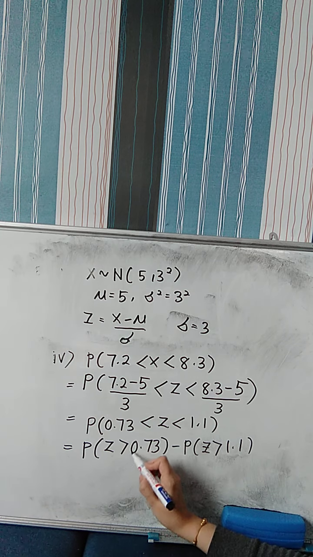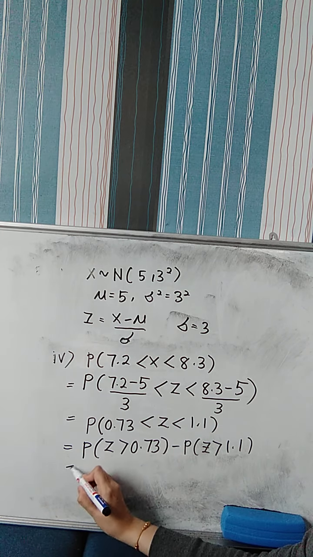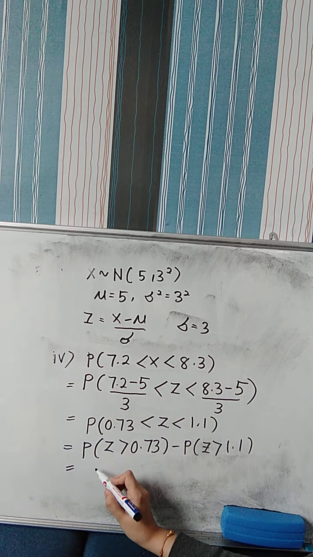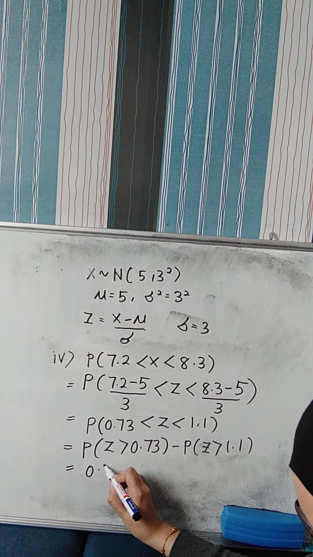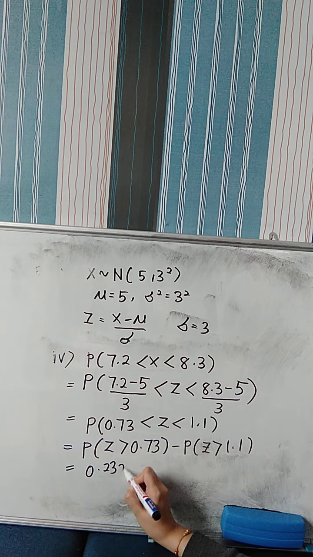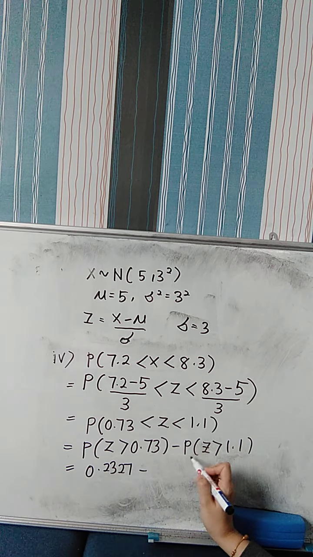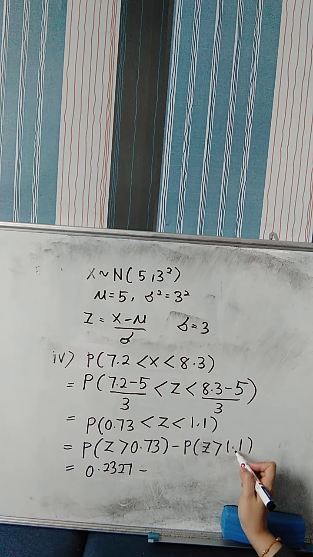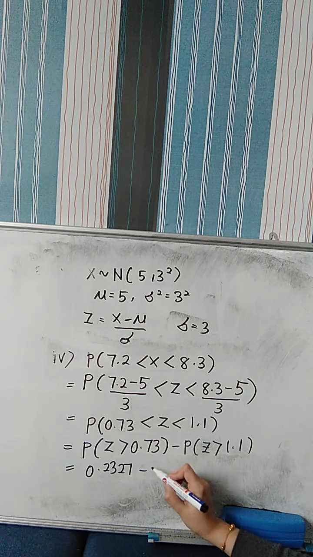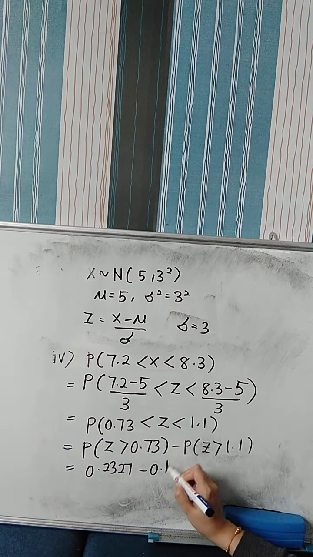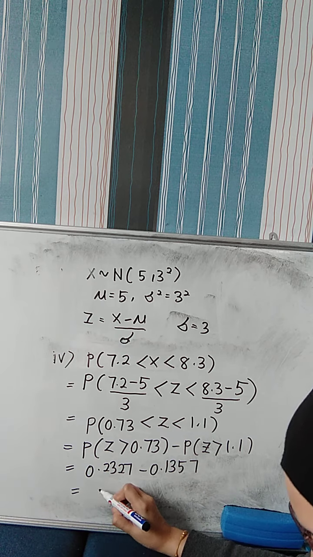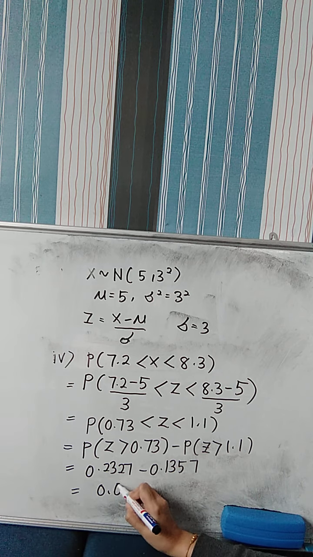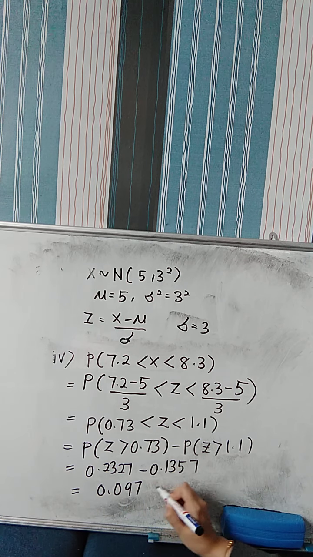Okay, so 0.73 you can read directly from the table. From the table, the answer is 0.2327 and Z more than 1.1 from the table is 0.1357. So the final answer is 0.097.